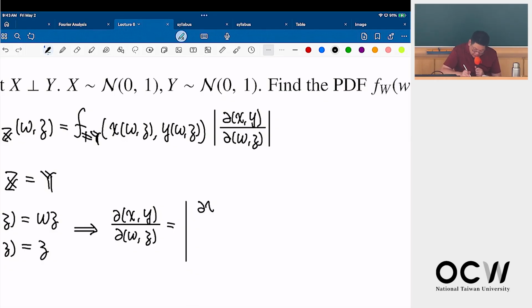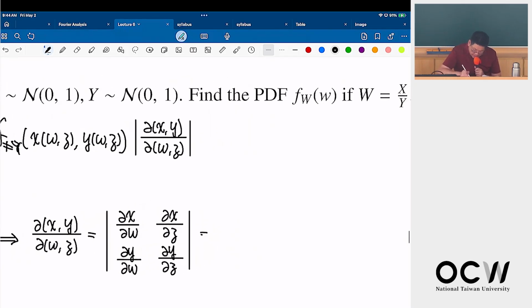will be partial X over partial W, partial X over partial Z. Second row, partial Y over partial W, partial Y over partial Z. This gives you partial X over partial W, we get Z. Partial X over partial Z, we get W. Partial Y over partial W, we don't have a W, so 0.